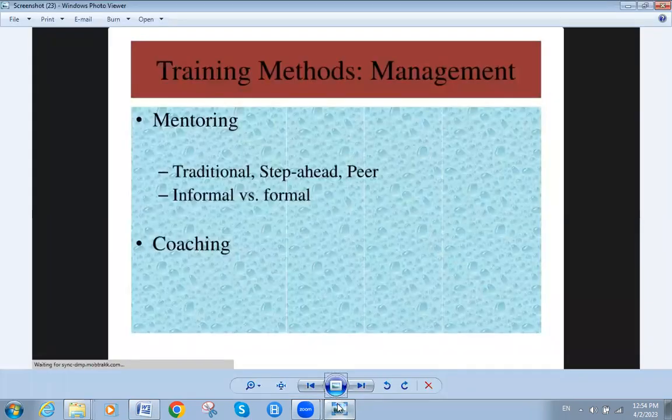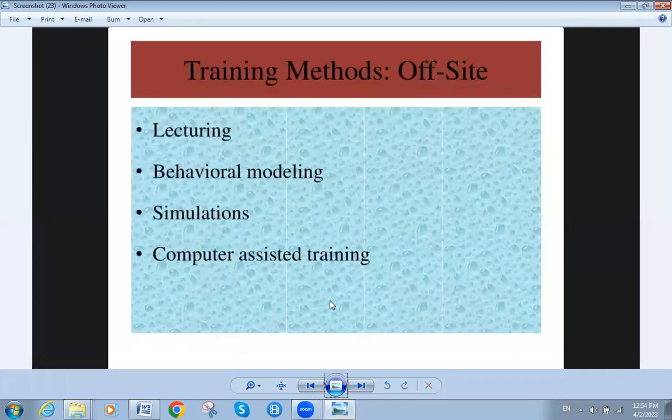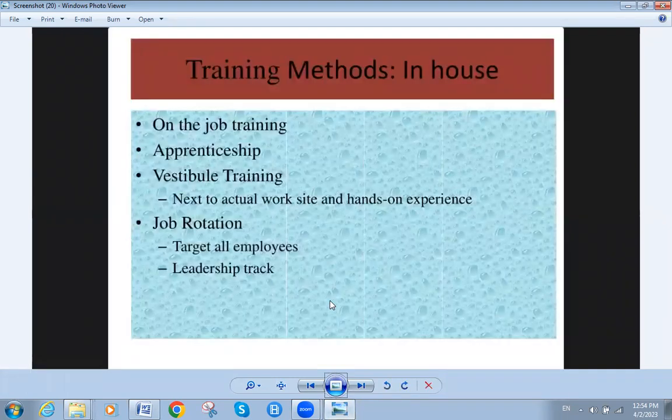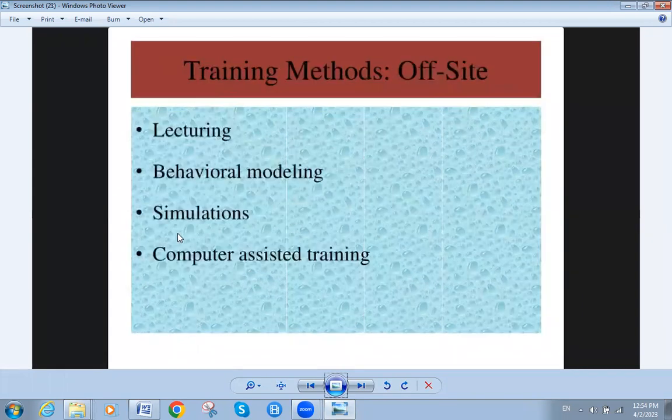So here, training methods, all these we talked about before. In-house, including on-the-job training, apprenticeship, vestibule training, job rotation.